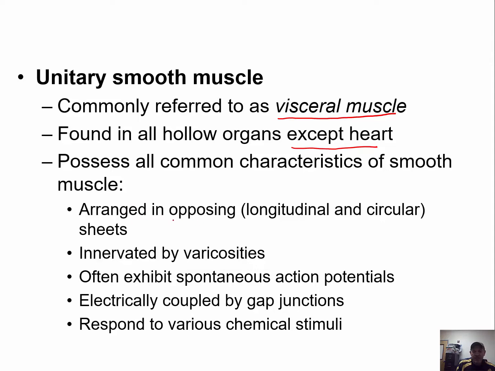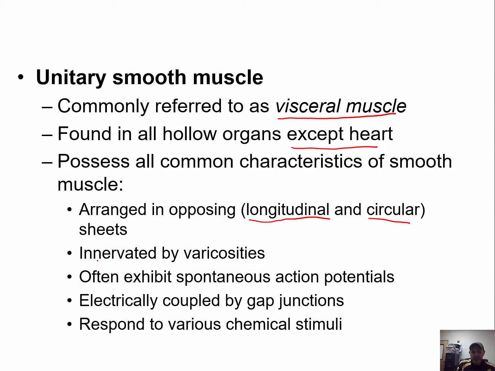They're going to have opposing sheets of muscle, which is the longitudinal and the circular sheets. Remember, the longitudinal will shorten the organ, whereas the circular smooth muscle that goes around the organ would decrease the size of the hollow space or the lumen inside the organ.